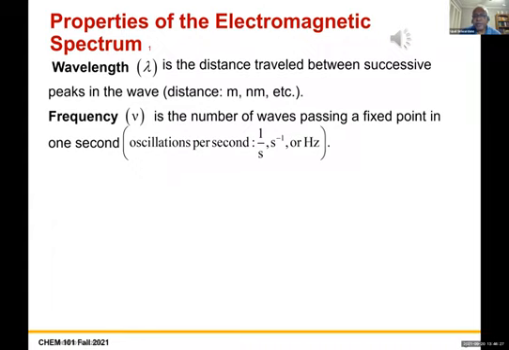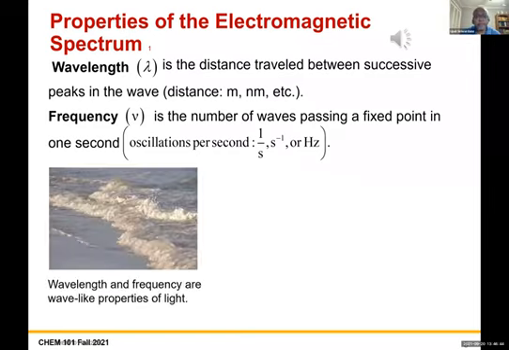Radio waves are given in megahertz, kilohertz, like FM radio. Frequency is a characteristic of a wave, and so is wavelength. Wavelength and frequency are wave-like properties of light.